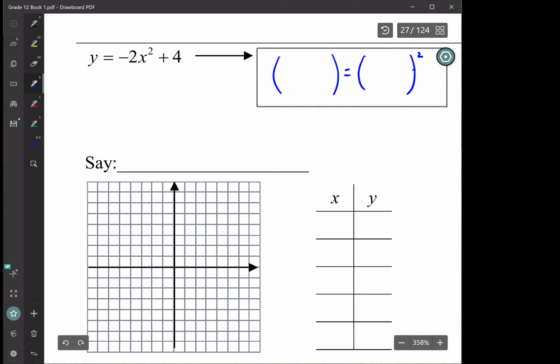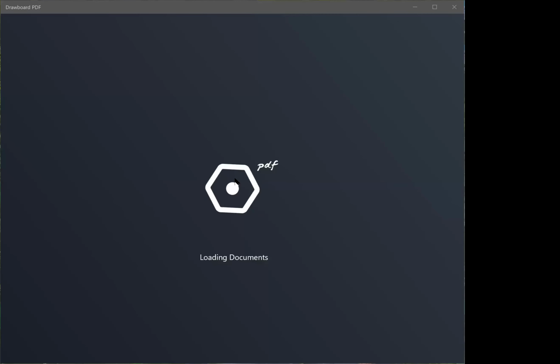So we have, this is a parabola. Oops. Can you still see my screen? No. All right, hold on. I need to share again. I probably hit something. Okay, how about now?